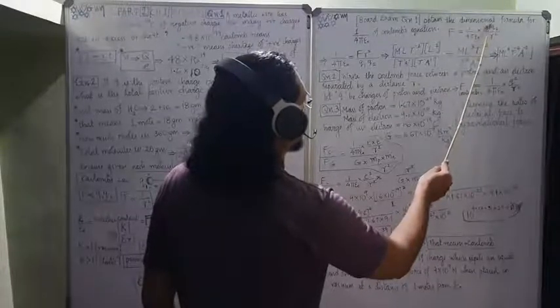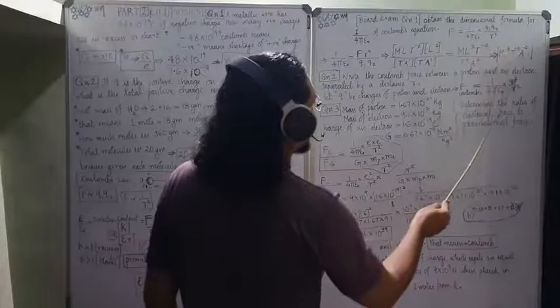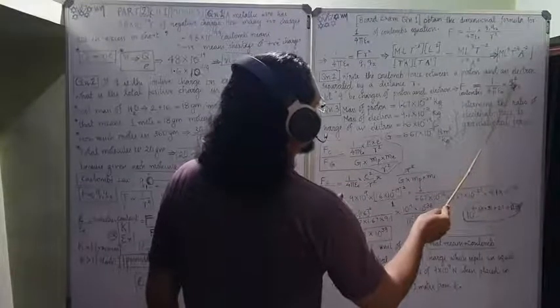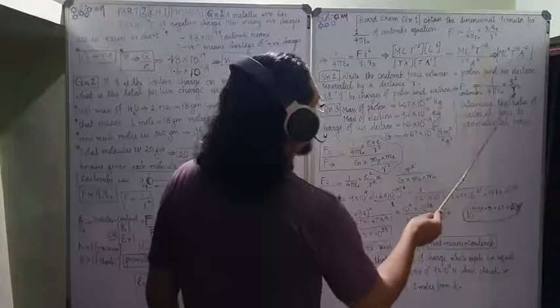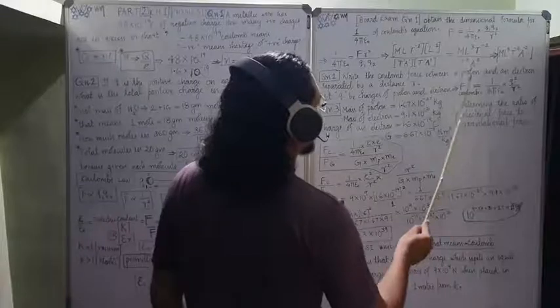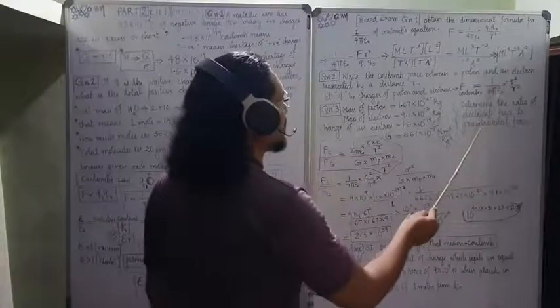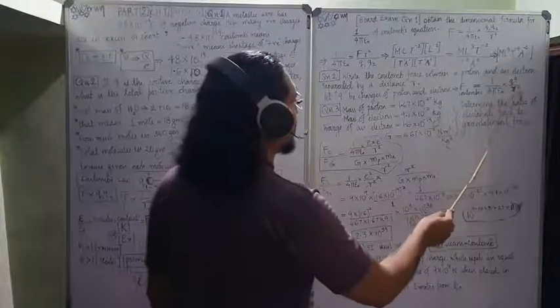The distance between them is r square. Same formula: the Coulombic force between a proton and an electron is 1 by 4 pi epsilon 0 into Q square by r square.